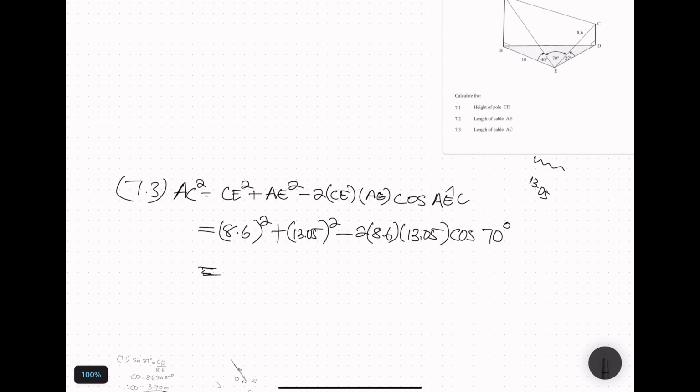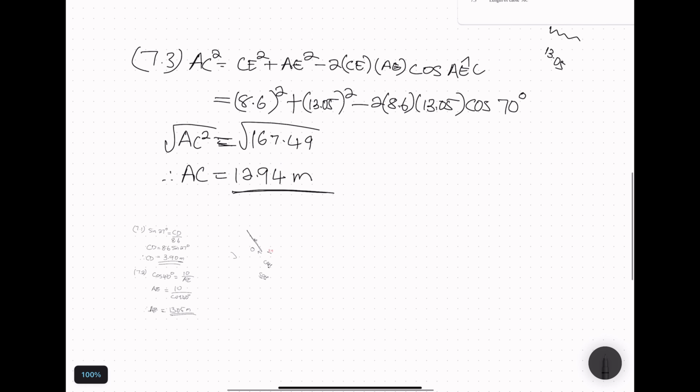To finalize this, put it in your calculator and you're going to get 167.49. Then you put the square root there to remove the square. Therefore AC is 12.94 meters. That's the answer, right?